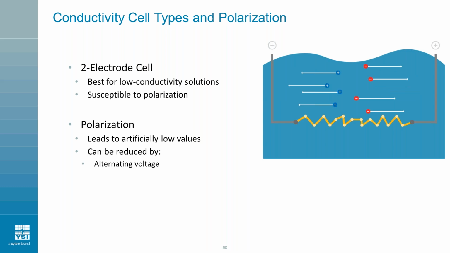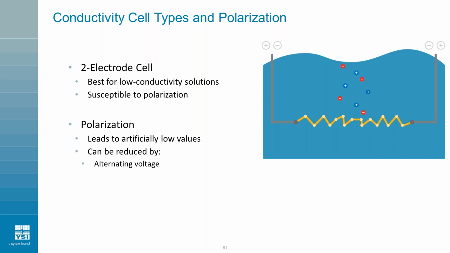This can be mitigated to some degree by alternating the current between the electrodes. The anode becomes the cathode, and the cathode becomes the anode, and vice versa. This is done very rapidly. The oscillation between the negative and positive means that the cations and the anions oscillate about their location with the applied frequency.